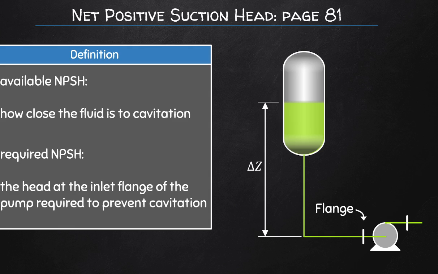Certain pumps have a certain required net positive suction head. So each pump is designed by its own manufacturer, and the manufacturer usually specifies this for you. So if this requirement is not met, it is inevitable that undesirable operating conditions such as cavitation will occur. Okay.